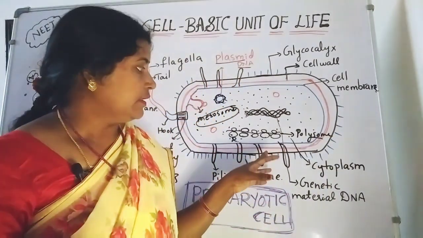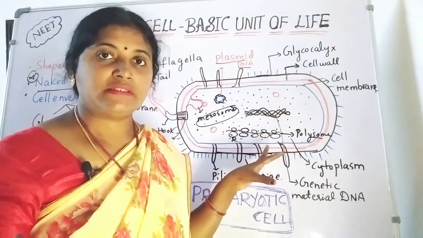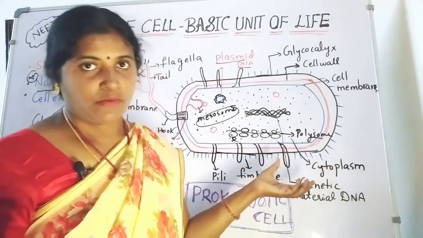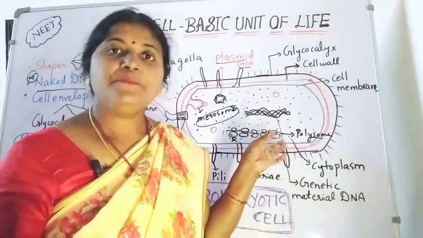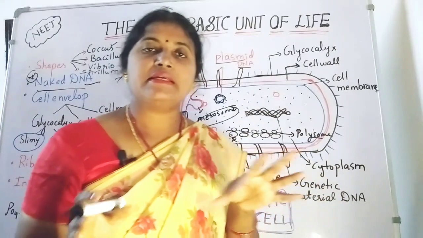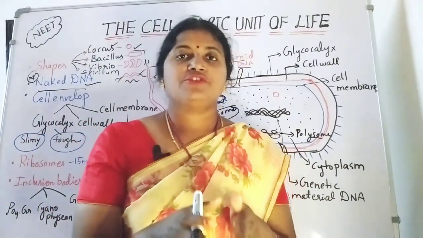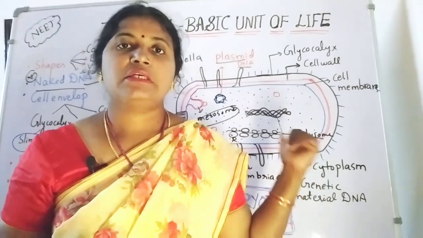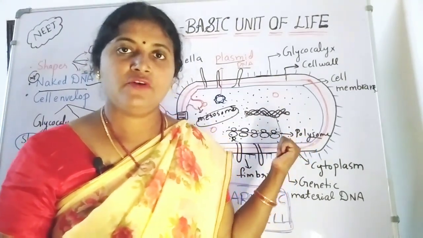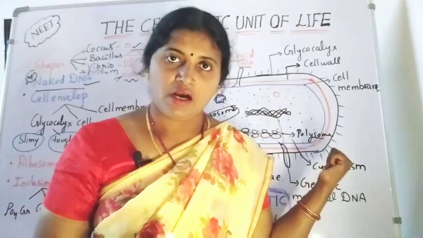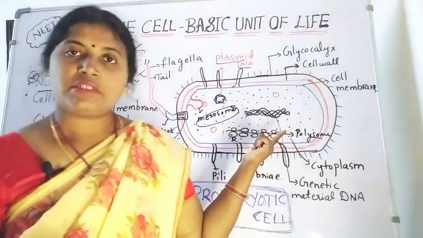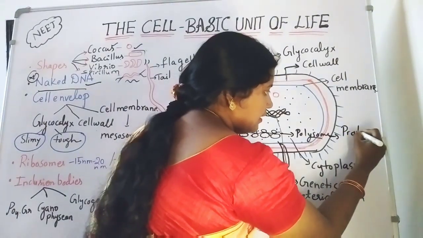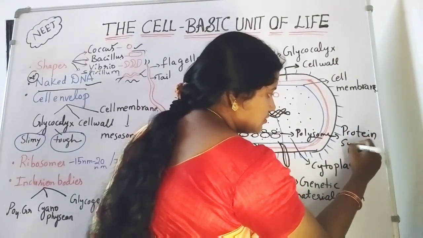Why? Because many ribosomes are present at one place, and together that structure is known as polysomes. The mRNA and ribosomes together are responsible for the formation of proteins. Protein synthesis takes place in the ribosomes with the help of messenger RNA. Write this point also: polysomes are helpful in protein synthesis.